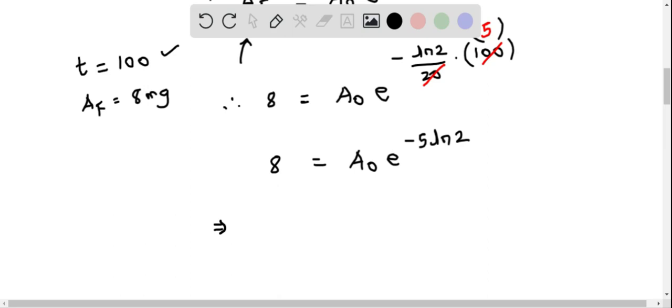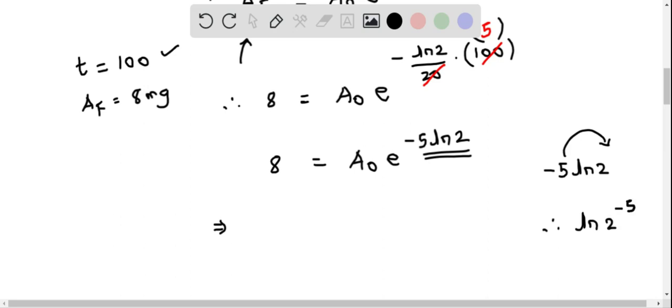Let's continue. Using the power rule of logarithms, this negative 5 can be raised as a power of 2. So it is the natural logarithm of 2 raised to the power of negative 5.